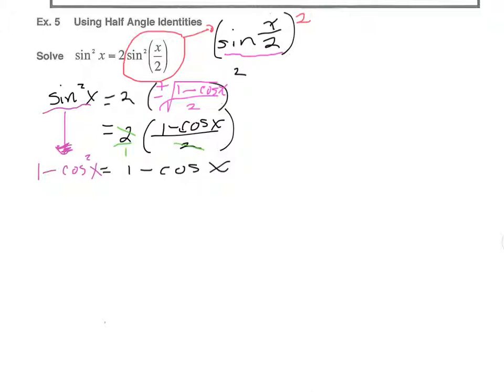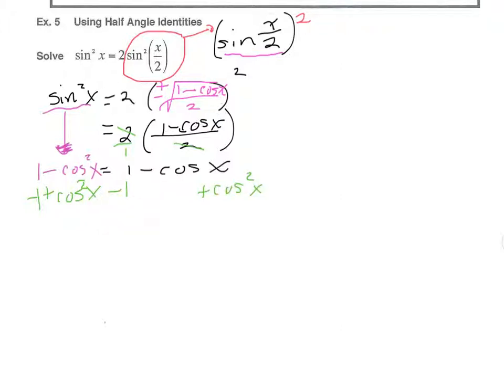Then I want to get everything over to one side. I want my highest degree term to be positive. Which is my highest degree term here? The cosine squared. Is it positive? No, so I want to move everything over to the right. So I'm going to subtract a 1 from both sides, and I'm going to add a cosine squared of x to both sides.